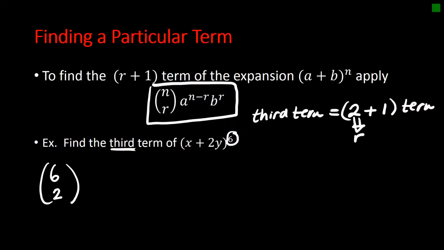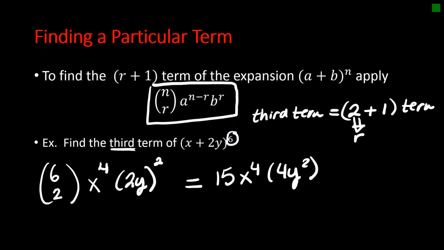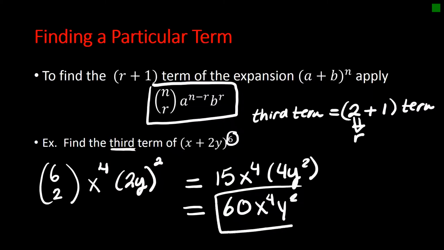We have a. a is the first term. That's x to the n minus r. 6 minus 2 is 4. Then we have our second term, which is 2y to the r. Here again, r is 2. So let's simplify. 6 combining 2 is 15. x to the 4th times 4y squared. This becomes 60 x to the 4th y squared.